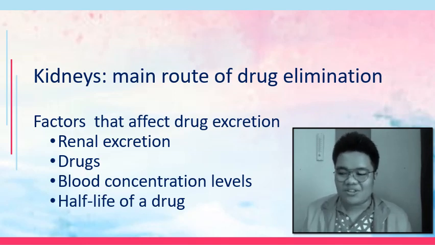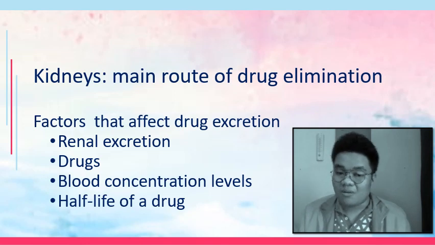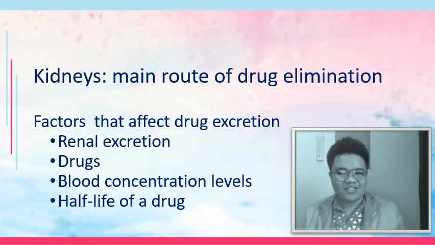Second, drugs. There are drugs that are quickly eliminated from the body. There are drugs which stay inside the body for long periods of time. Then we have your blood concentration levels.